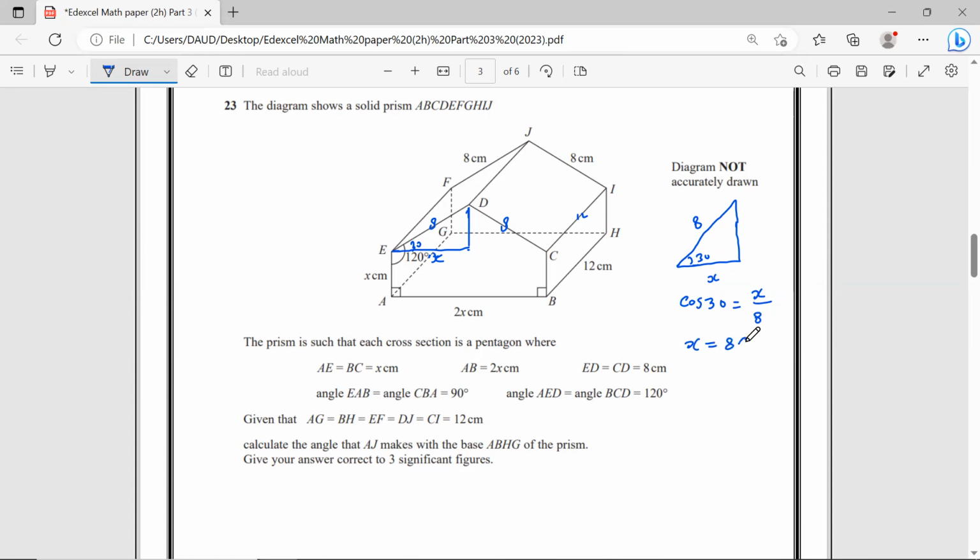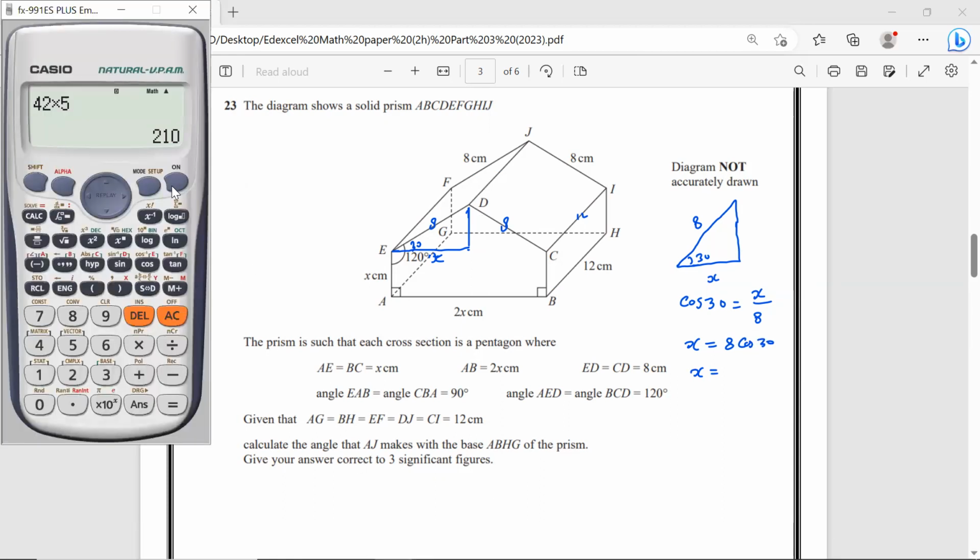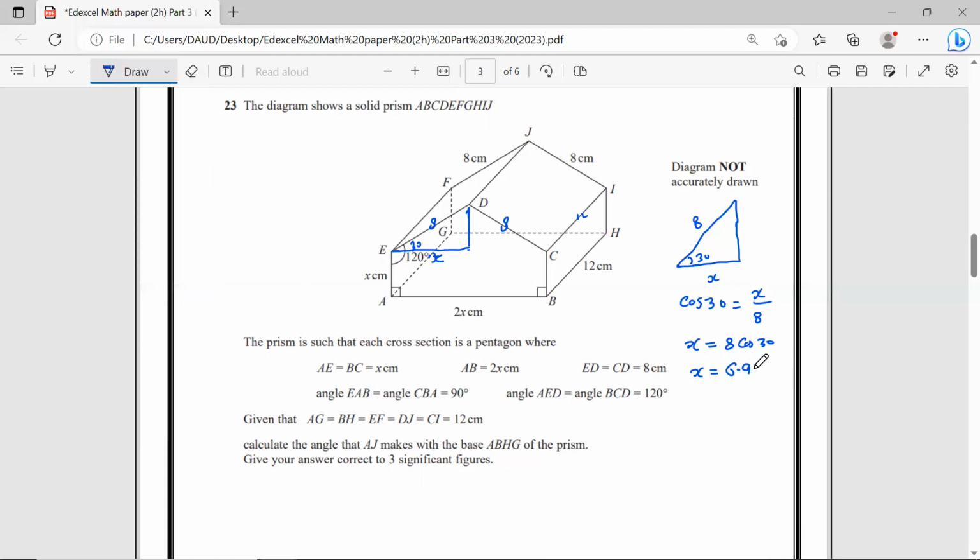So x is equal to 8 cos 30, which gives me 6.928. Using three significant figures, 6.93. We can check again.